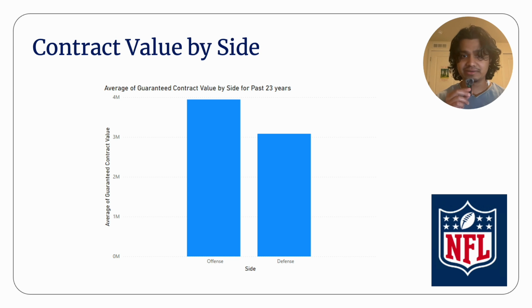The highest paid players, like quarterbacks, offensive tackles, and wide receivers, are all on the offensive side. It really highlights how much teams are willing to invest in scoring points and protecting the quarterback. People say that defense might win championships, but offense seems to have bigger paychecks. This was very surprising to me based on the results that I found, and it's really interesting how the NFL values offensive players over defensive players.